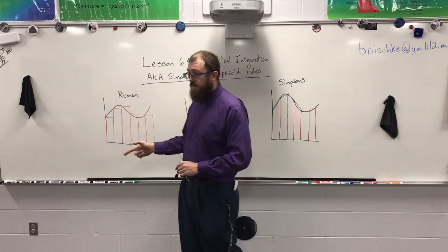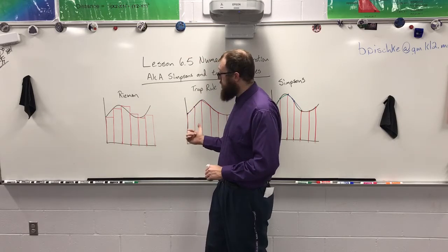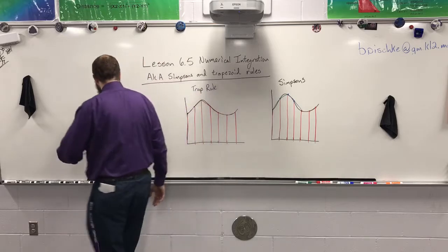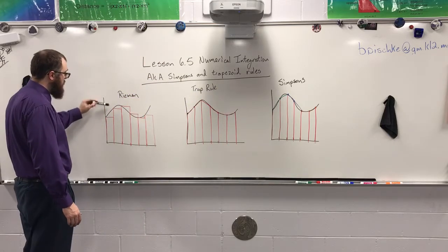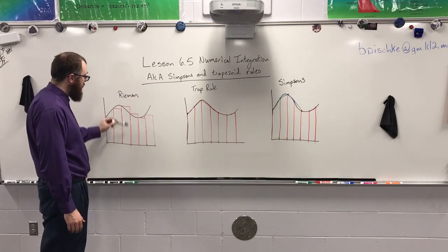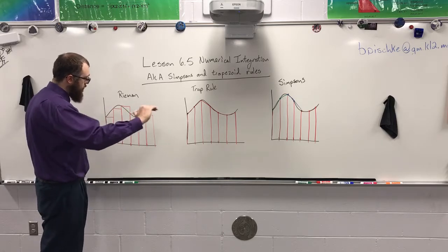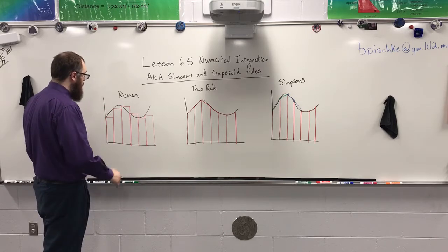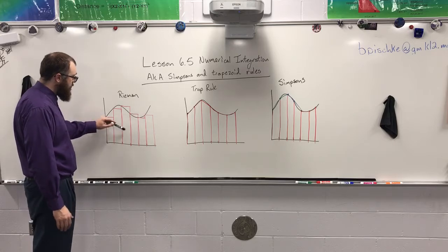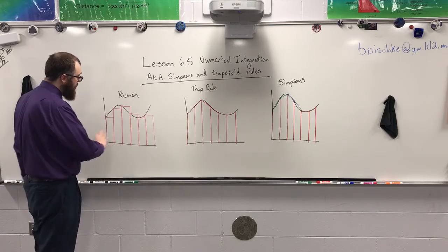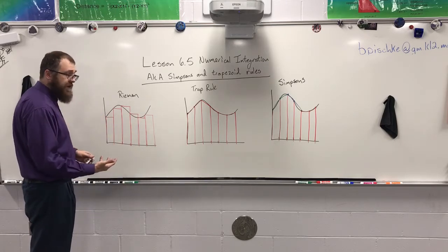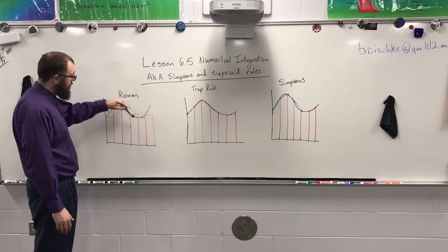You could do left-handed rectangles or right-handed rectangles, and you run them up to the curve on whichever side you're doing. I did the left-sided rectangles. Draw the rectangle straight across, drop it down, and then you would find the area of each rectangle, add up those areas, and that would be your estimated area under the curve.